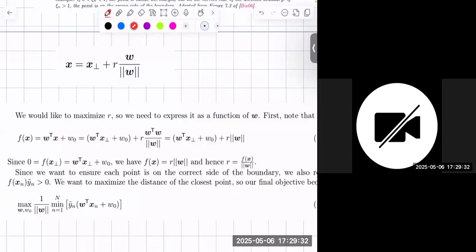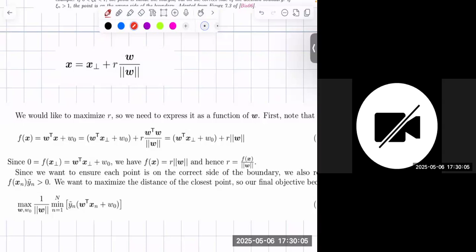Since this projection is literally on the decision boundary, this term has got to be 0. So you end up getting f(x) to be this R multiplied by the magnitude of the weight vector. So literally R ends up being the function divided by the magnitude of the weight vector. And that's what you're trying to maximize. In other words, you are trying to maximize this quantity.